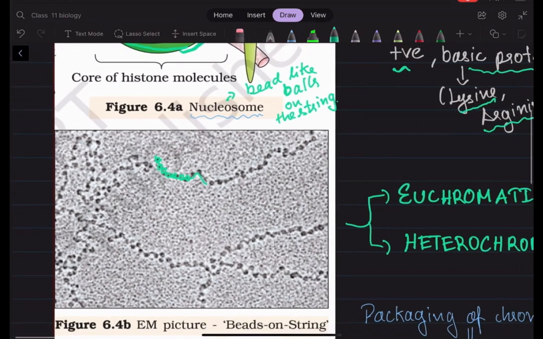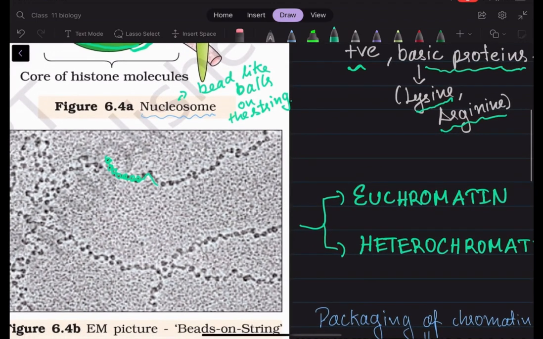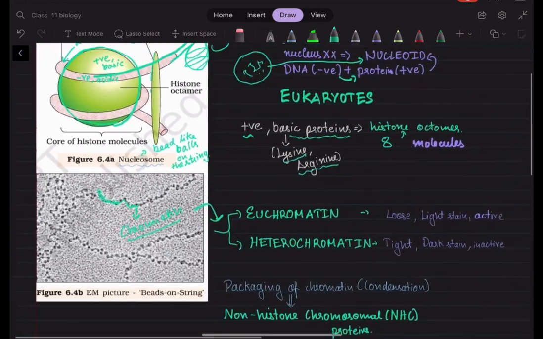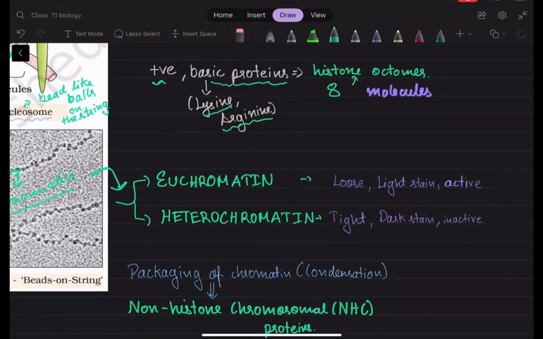That is why it looks like beads on a string. This is basically what we refer to as chromatin. So chromatin is divided into two types. We have euchromatin and heterochromatin.